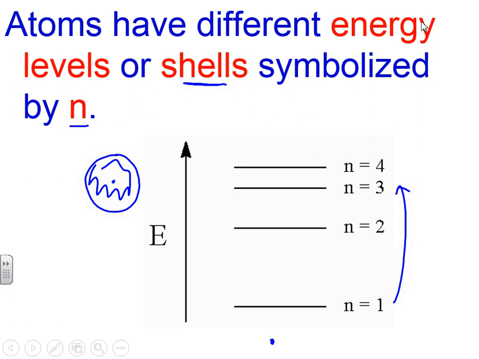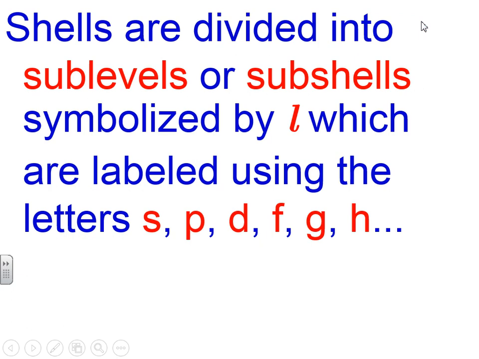Shells then are further subdivided into subshells or sublevels, levels into sublevels, shells into subshells. And then we use the letter l, and this is actually a cursive l, to label these sublevels. And they have a letter designation, the s, the p, the d, the f, and these are the 4 most important subshells that we'll look at.